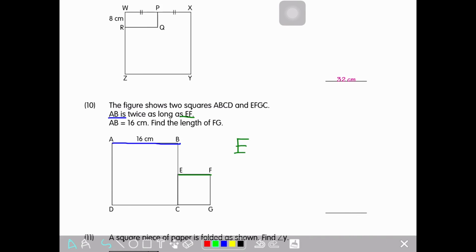So what is EF? EF is half of AB. So half of AB is 16 divided by 2. We have 16 cm. So 16 cm divided by 2 will give us 8 cm. So EF is 8 cm.